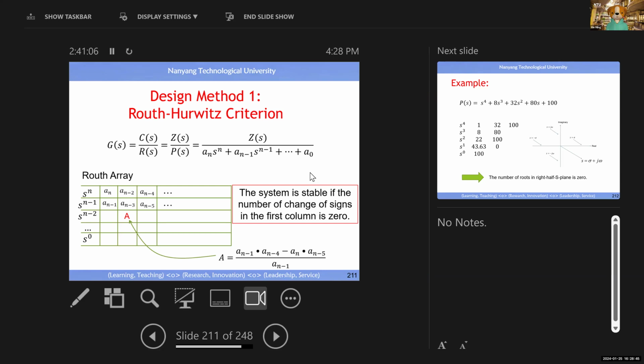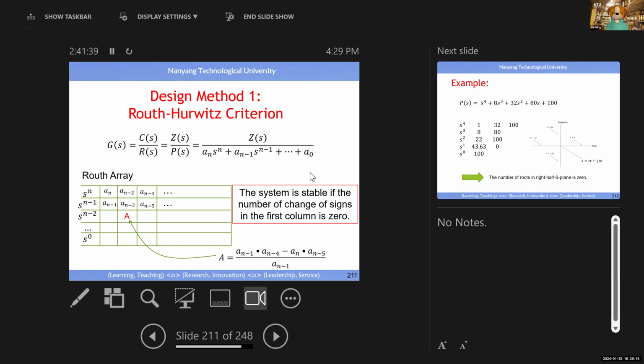You use the coefficients here to fill up the elements of the first rows, the s^n row and the s^(n-1) row, in a zigzag way: a_(n-1), a_(n-2), a_(n-3). Then you apply this formula to fill up the remaining elements. What is this formula? You pick four values from the previous two rows. Two of them always come from the first column, and the other two always come from the next column.